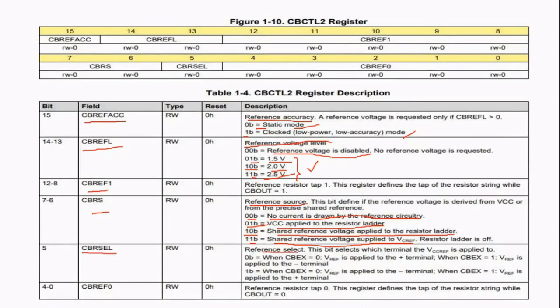This is reference select. This bit selects which terminal the VCC reference is applied to. When CBEX is 0, the reference is applied to the plus terminal. As already discussed, if the CBEX bit is 0, you can apply to the plus terminal. If it is 1, it is applied to the minus terminal. In the same way, for CBREF0, reference 0, this register defines the tap of the resistor string while CBREFACC is 0.